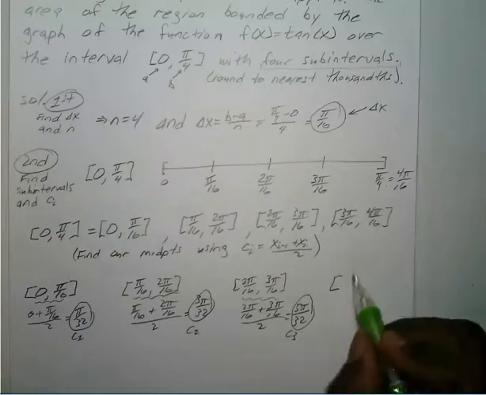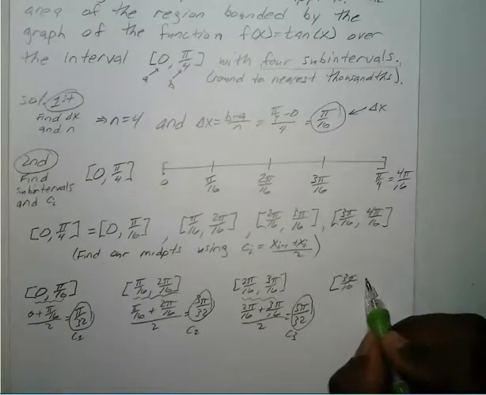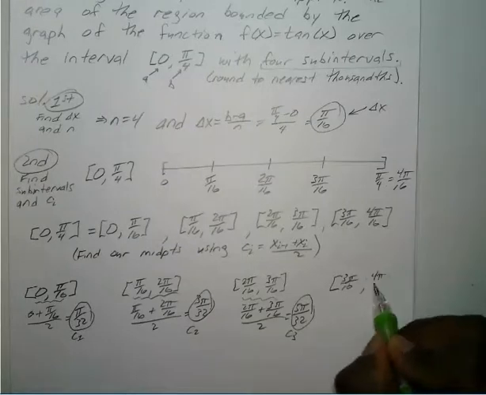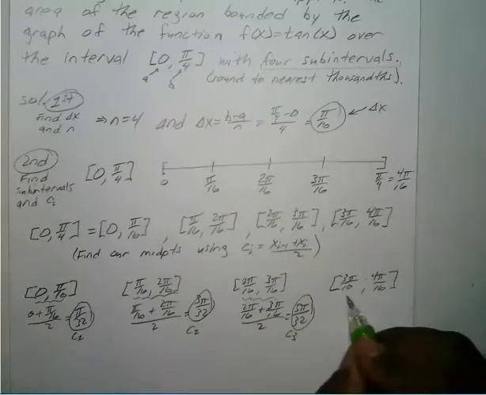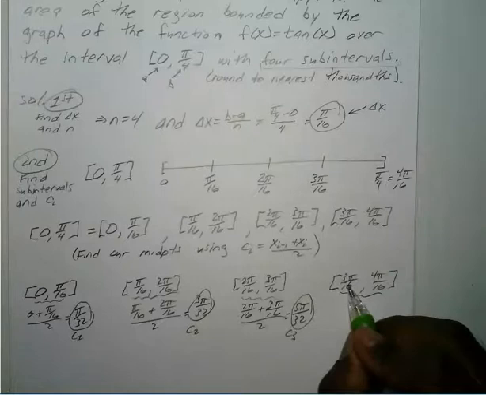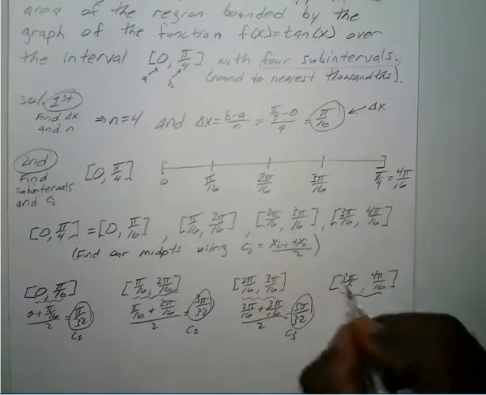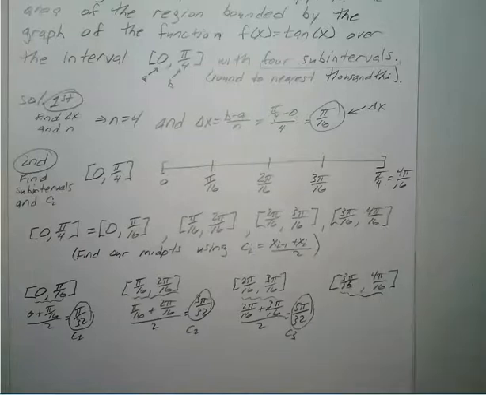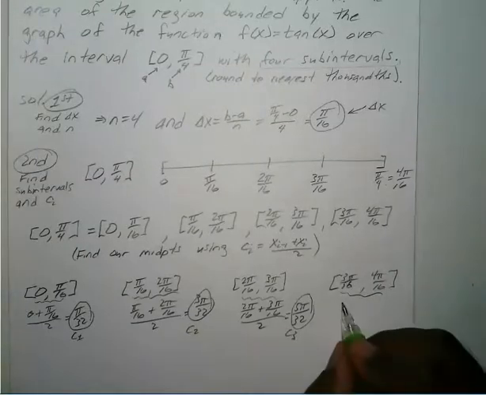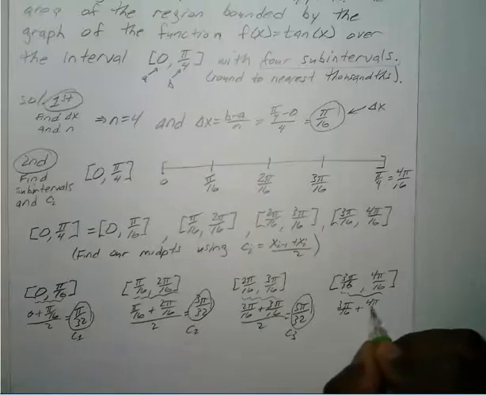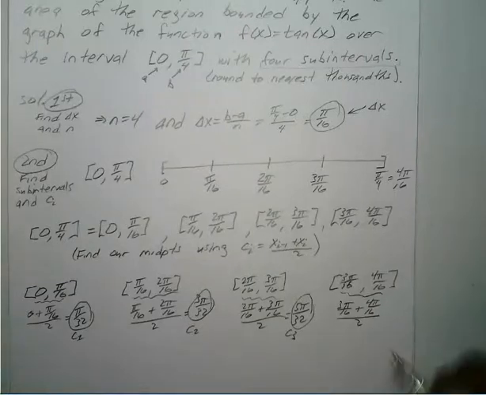And if we do 3 pi over 16 to 4 pi over 16, add those together. That's 3 pi over 16 plus 4 pi over 16 divided by 2.